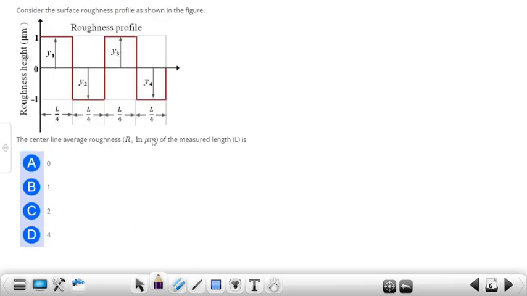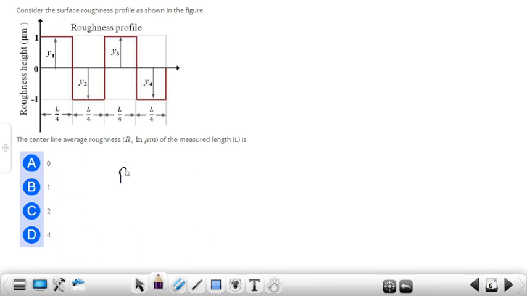Next, consider the surface roughness profile as shown in the figure, which shows the roughness height and this is the average length. The center line average roughness Ra in micrometer of the measurement length is?